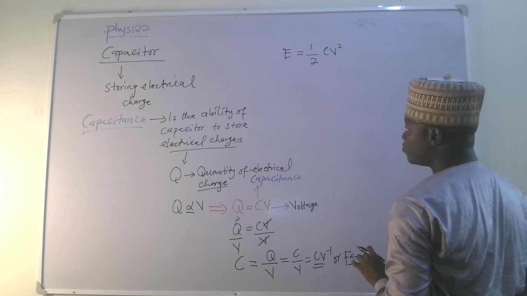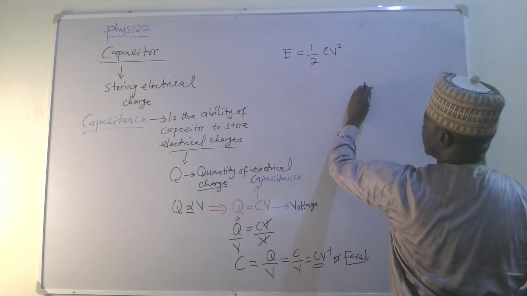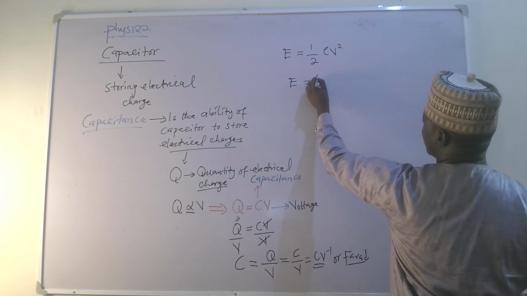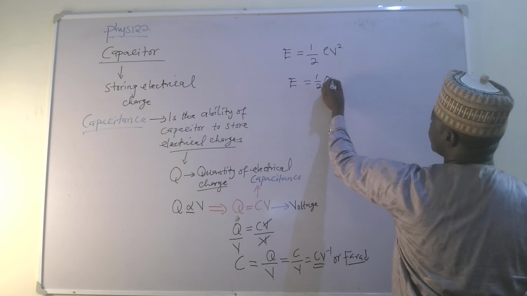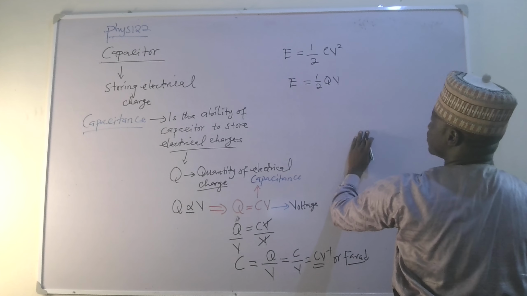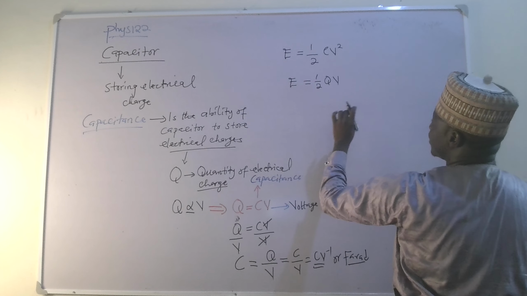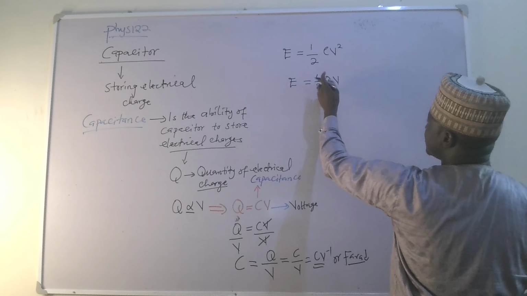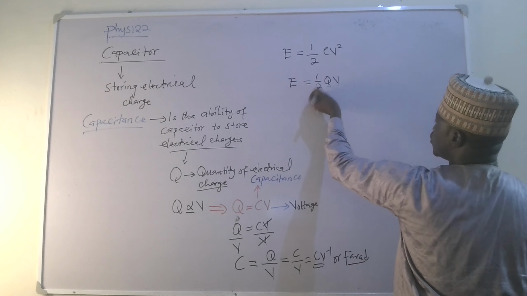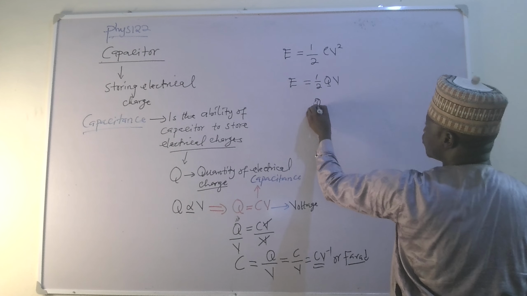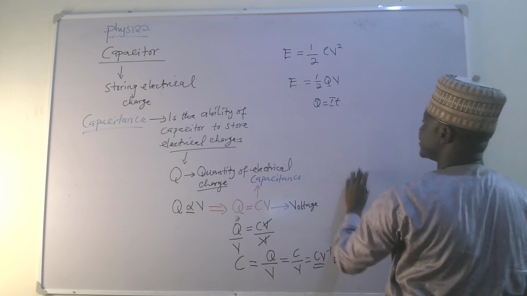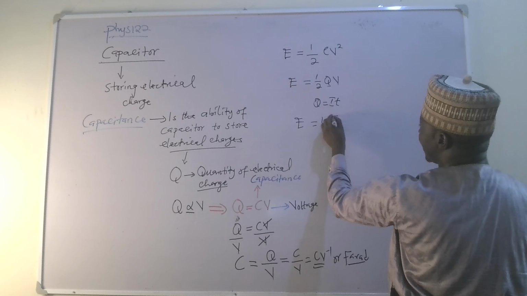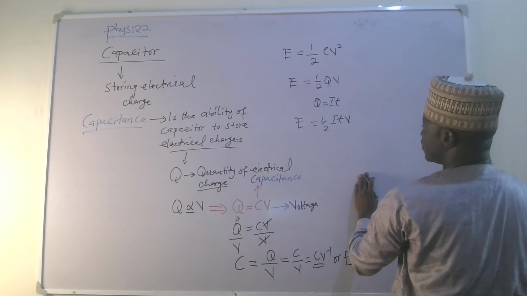Or we can also use 1/2 QV. From here you can manipulate Q, since you know that Q = IT, so the energy stored can be related as 1/2 ITV.